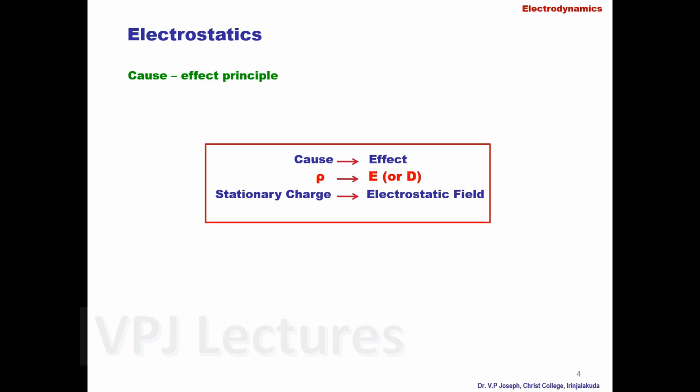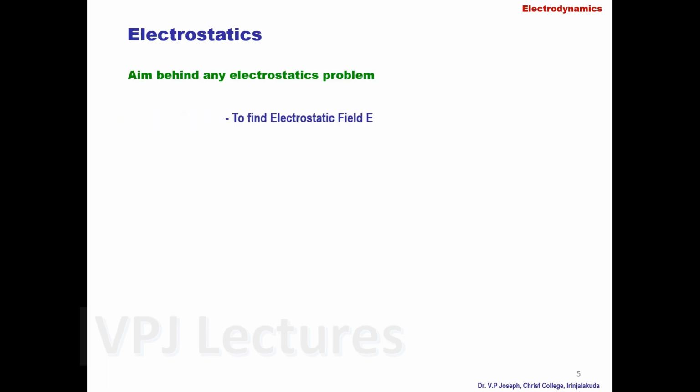The cause is the source, in this case the stationary electrostatic charge, and the effect is the electrostatic field. The field is taken as E, or it may also be represented as D. In the case of a material medium, we represent it in terms of the electric flux density D.